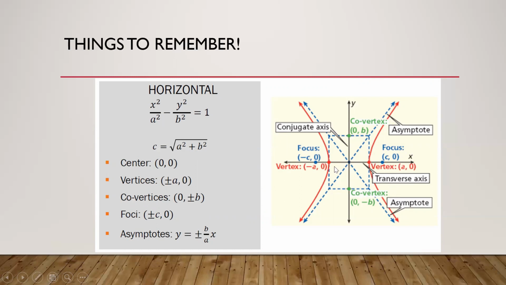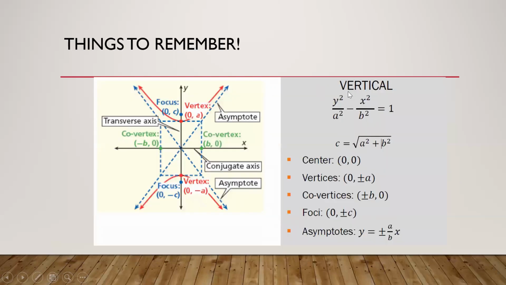When it is horizontal, the curves open to the left and to the right. This will be needed to find the properties of a hyperbola. Next, the transverse axis is vertical when y squared comes first.